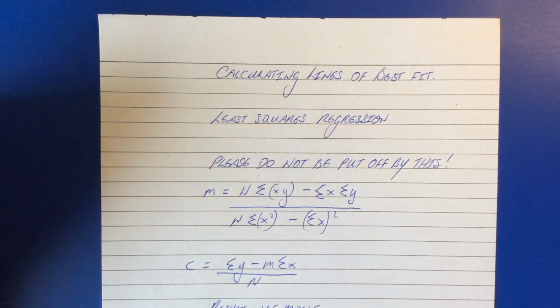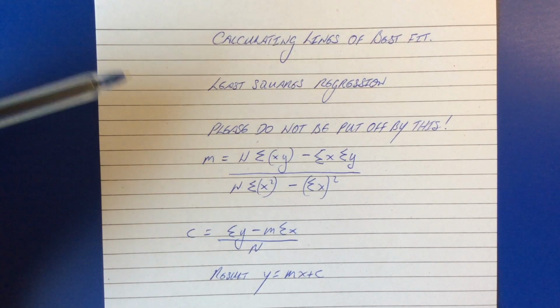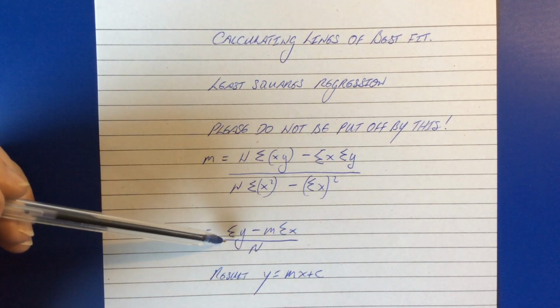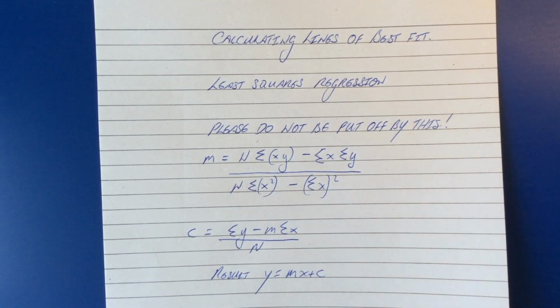The standard for years has been y equals mx plus c, which I've got written down here. Now, this is the formula for calculating c. Now, what I want you to take away from this is that what your calculator does is it calculates a gradient and it calculates a y-intercept. And you don't need to know the magic of this. What you do need to understand is, in practical terms, what it does.